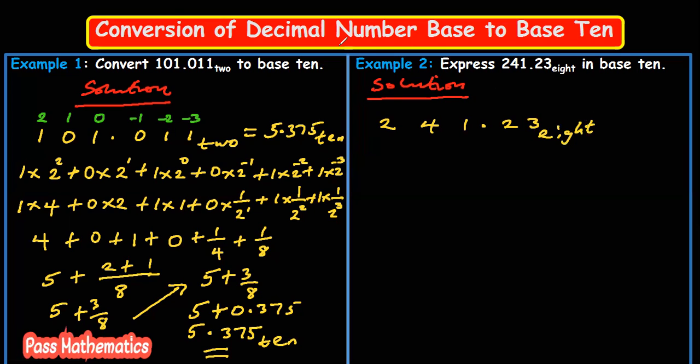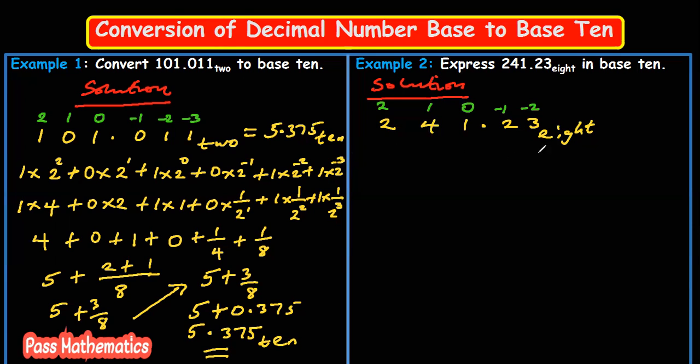So we introduce the power again. In the whole part, we are starting from right to the left, 0, 1, 2, and then in the decimal part, we are going to start from left to right, but with negative power, -1, and then -2 here.